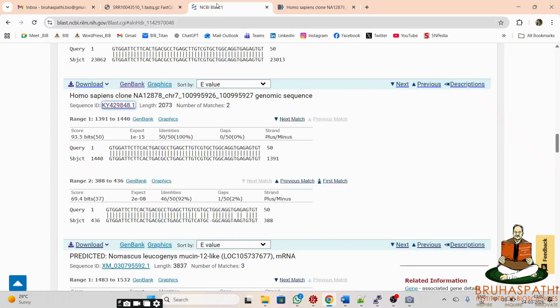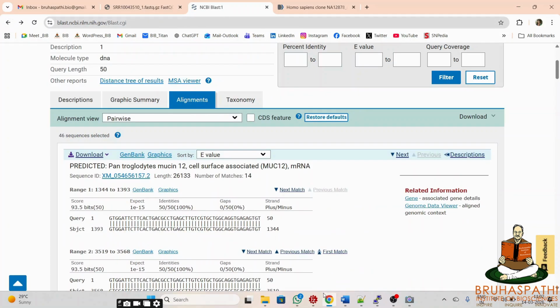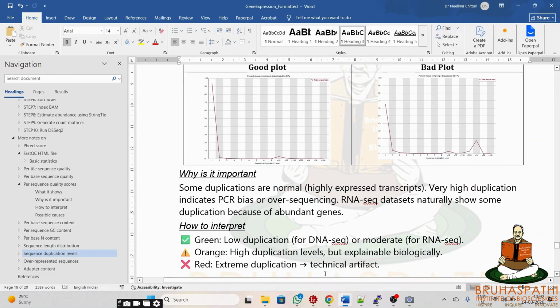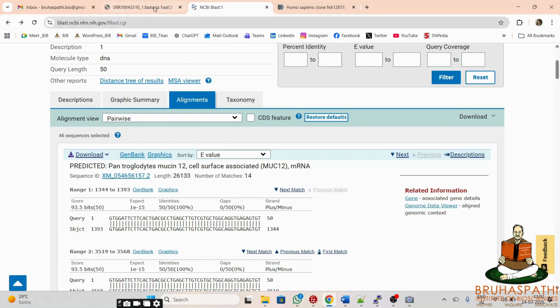Okay, so that's how we keep checking our overrepresented sequences. Sometimes it might be a chunk of DNA which is highly expressed. That's okay to retain, but if you have a large number of overrepresented sequences, it's better to delete them. This can highlight the presence of adapters or contaminants, or in biology it might be rRNA contamination or very abundant genes. That's how we talk about overrepresented sequences.